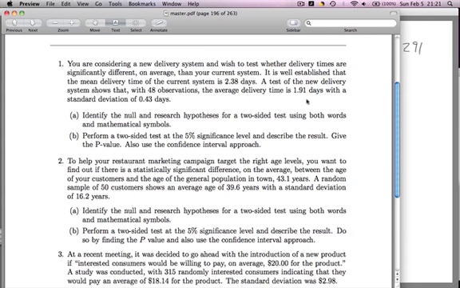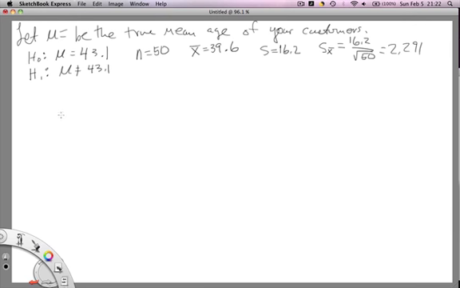Let's go back to the problem. Identify the null and research hypothesis. We already did that. Perform a two-sided test at the 5% level and describe the result. Do so by finding the p-value. Also use the confidence interval approach. All right, so let's start by drawing it. Actually, before we draw it, we have to assume the null is true. The reason we have to assume this is so that we know what the mean is.